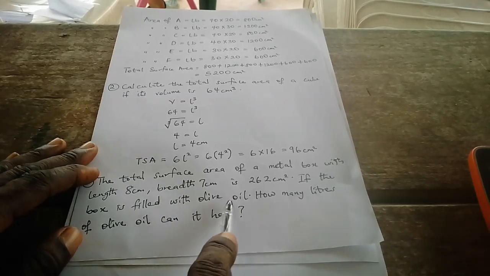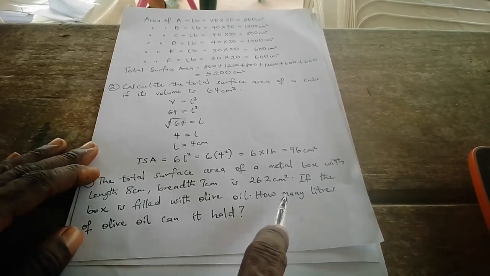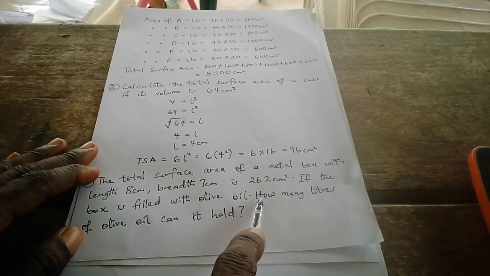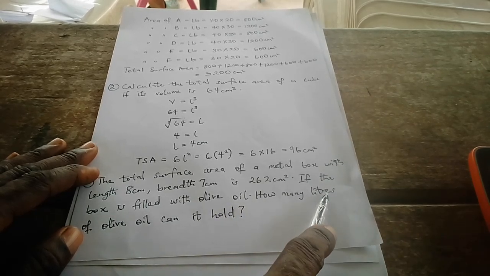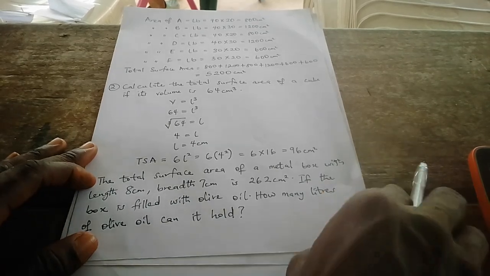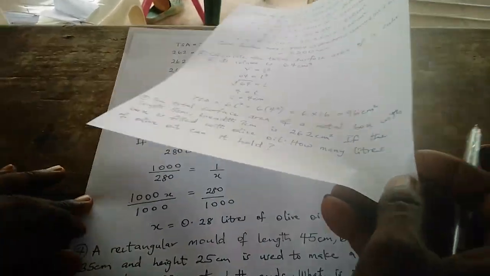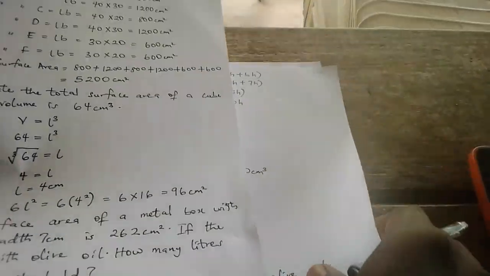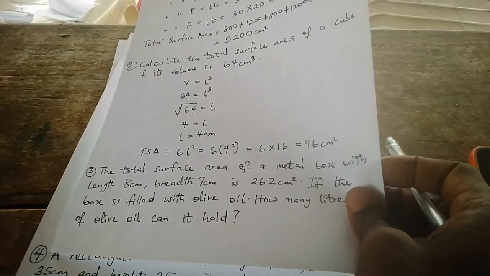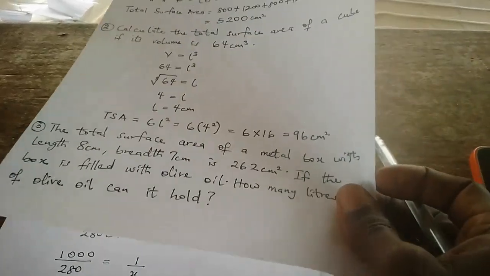When you talk about liters, it means that you are told to look for the volume in liters. So that means we are expected to look for the volume of the liquid that will fill the shape.